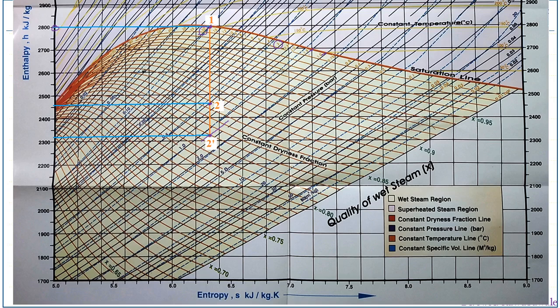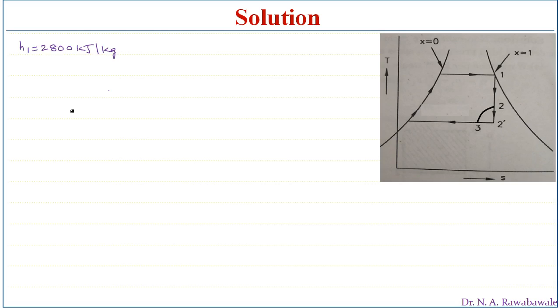Again, corresponding to point 2, if we see here, the enthalpy will be 2450. Just it is above that, we can say it as 2460. Enthalpy at point 2, here is H2, H2 is equal to 2460 kilojoules per kg.